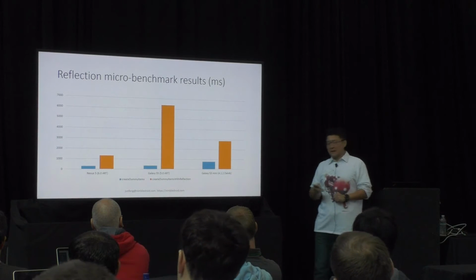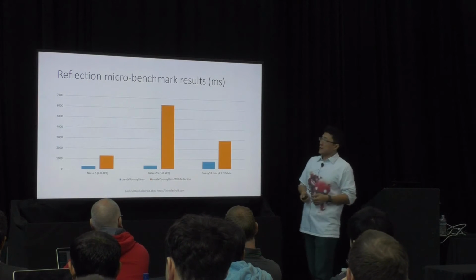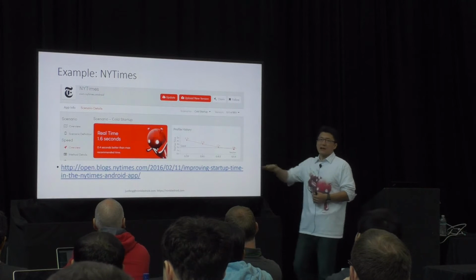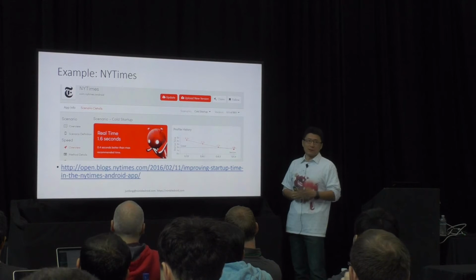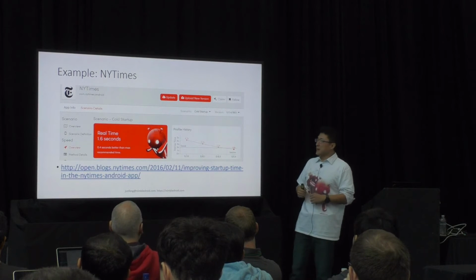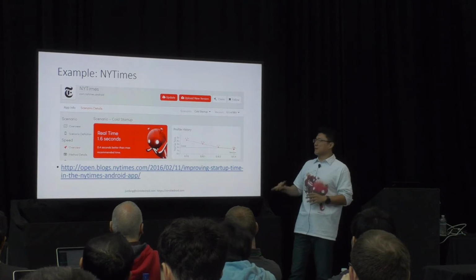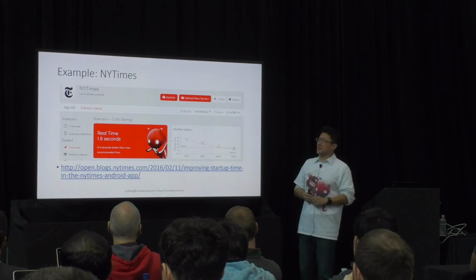So we know reflection has a high cost. But how visible is this overhead to users? I'm going to show you a real example. So New York Times Android developers have been working with us for maybe 6-7 months, and over the course of this collaboration, they made their app a lot faster, and they published a blog post about a lot of the issues they fixed in their app.